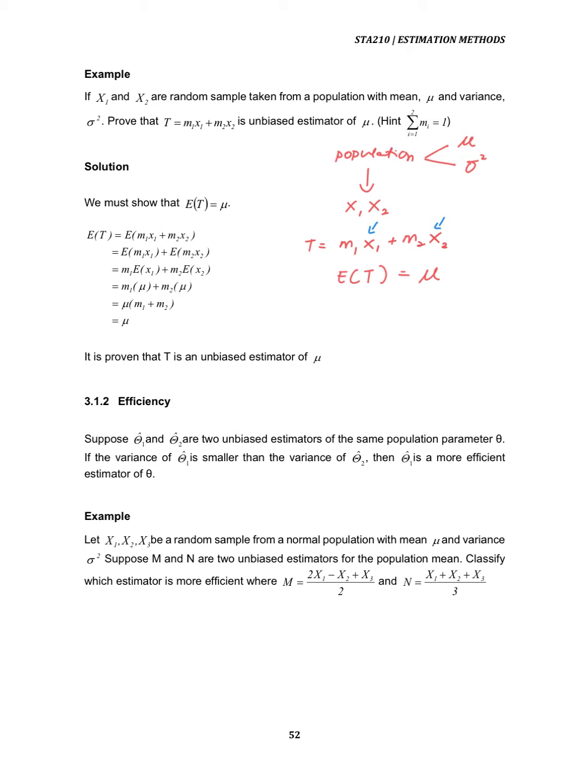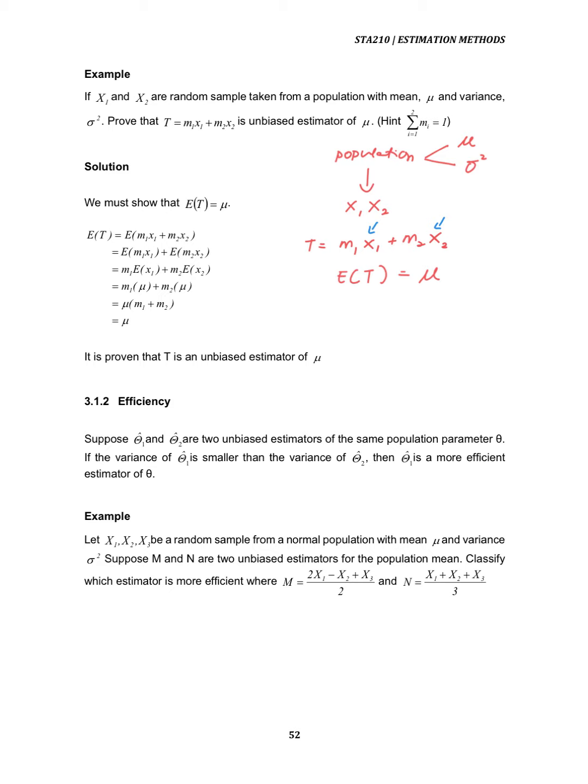Okay, tadi maklumat apa yang dia bagi, dia kata x1 mean dia mu, x2 pun sama, mean dia mu, and variance dia adalah sigma square. So that's why kat sini dia ganti ex1 diganti dengan mu. Okay, ex2 diganti dengan mu juga, sebab dia kata x1 and x2 taken from a population with mean mu and variance sigma square.